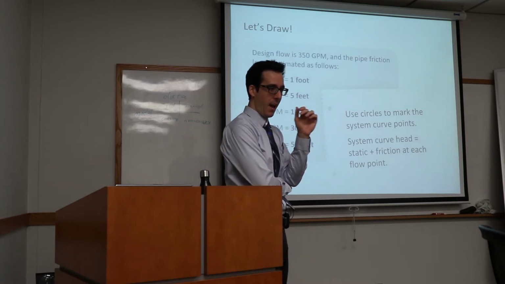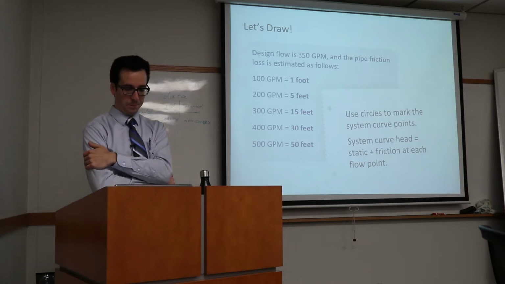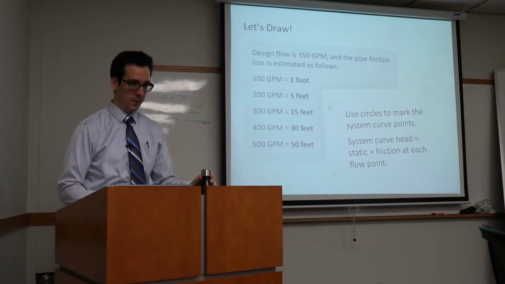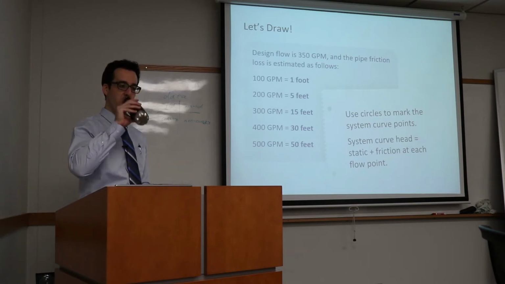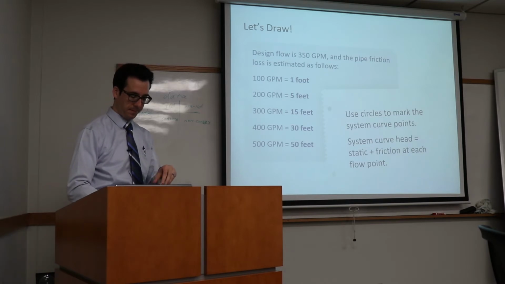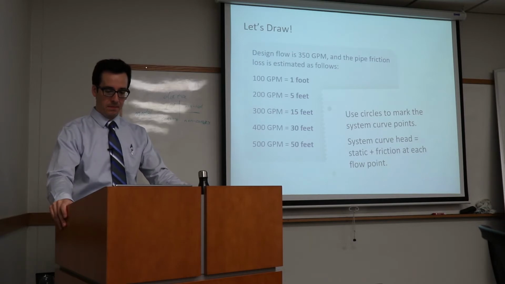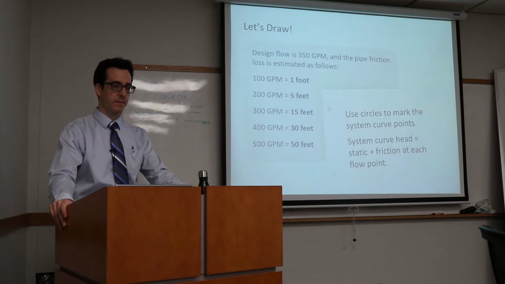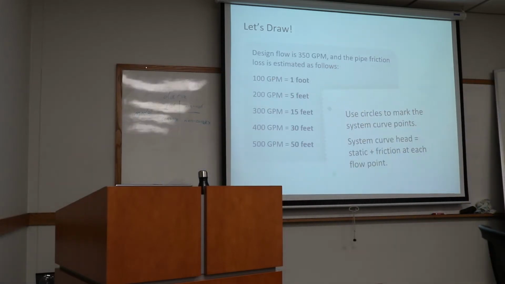So finish that out and complete your curve all the way through 500 GPM. I'm going to circulate here and make sure it's going well. And then connect the dots if you haven't already.